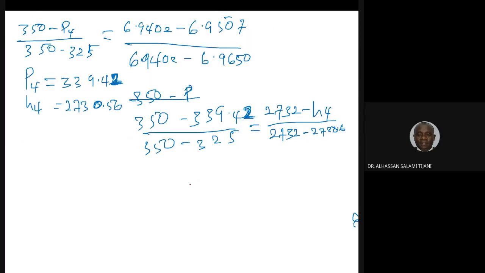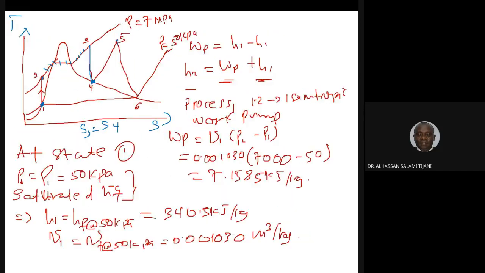All right, so now let us move on to state 5. At state 5, like I've told you, for this particular line, P4 and P5 are the same.